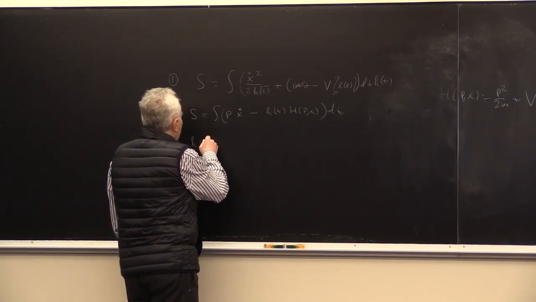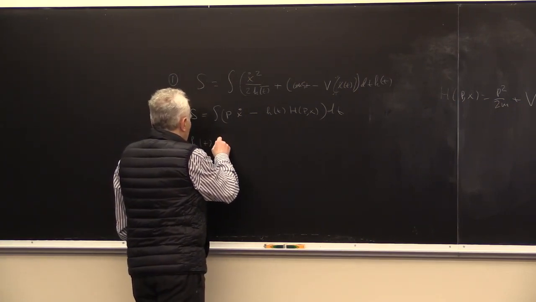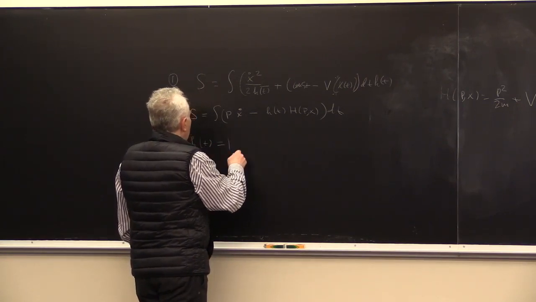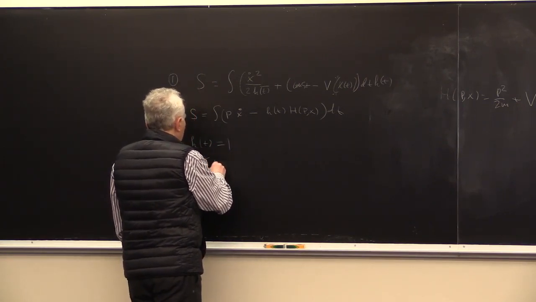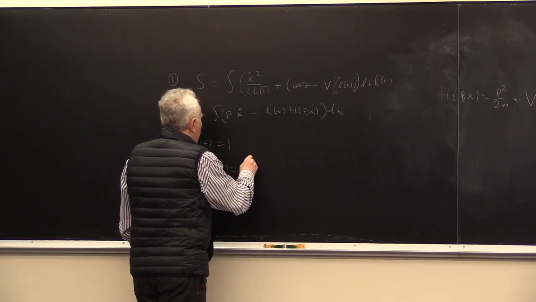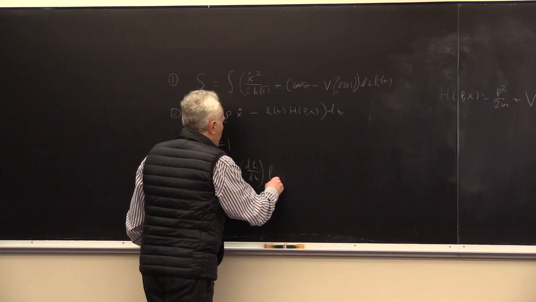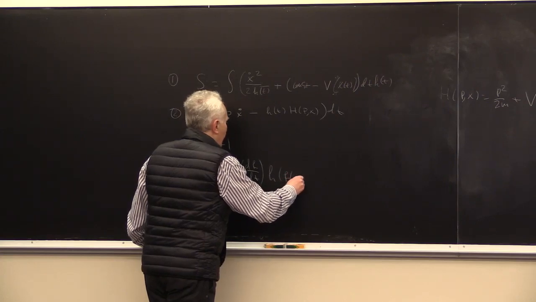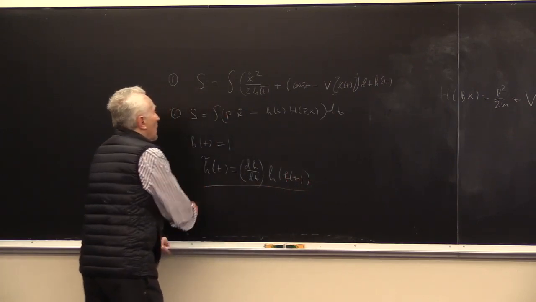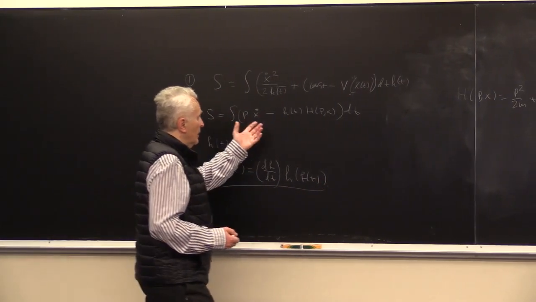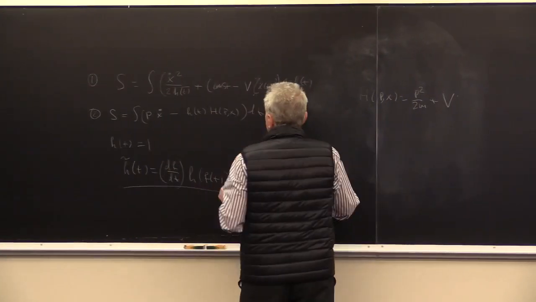we can always set h of t by choosing h of t transforms as df dt, h of f of t. And by choosing function f, you can set it to 1.